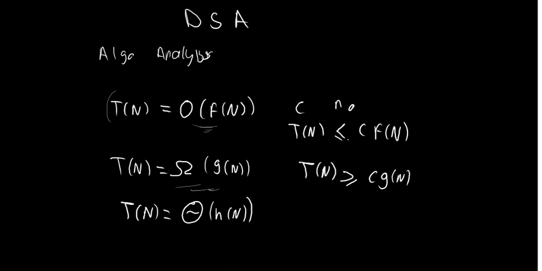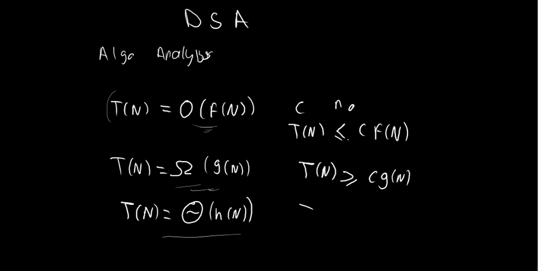Otherwise, T of n is equal to theta of h of n if and only if T of n is big O of h of n and also omega of h of n. So if it's equal to this and equal to this, then this one stands valid.